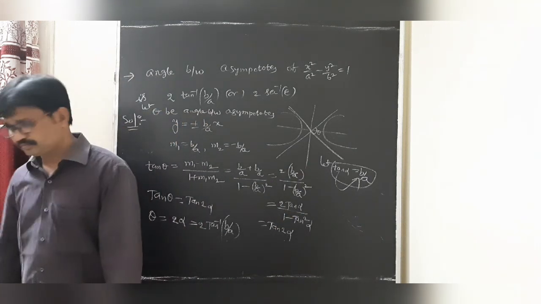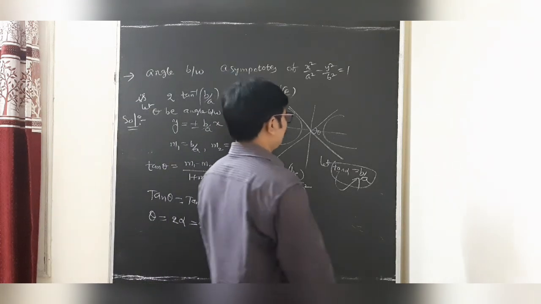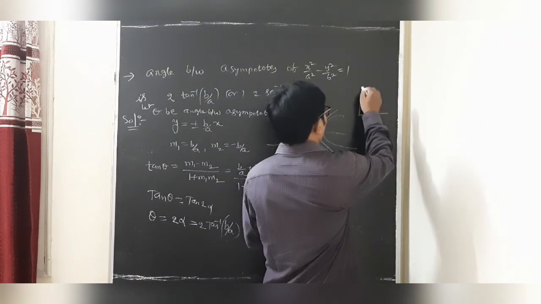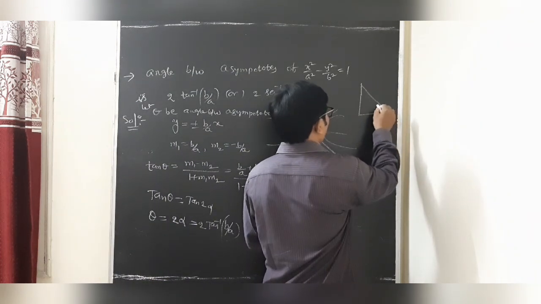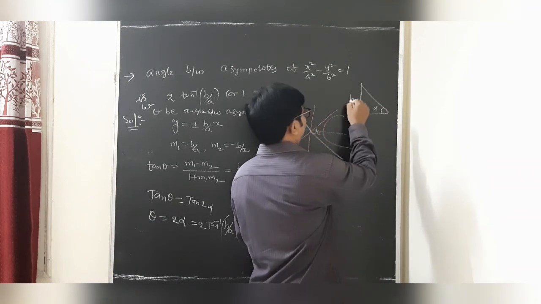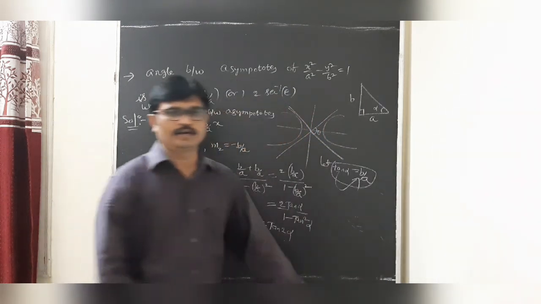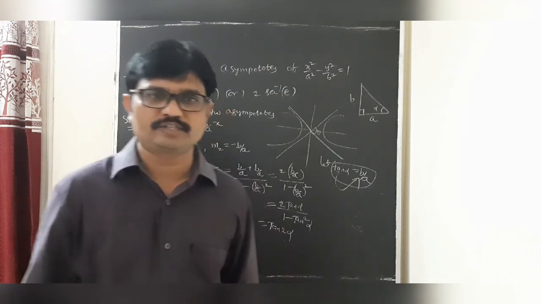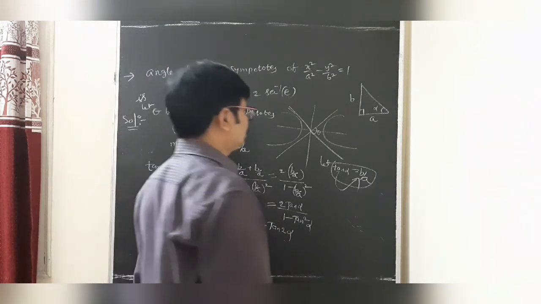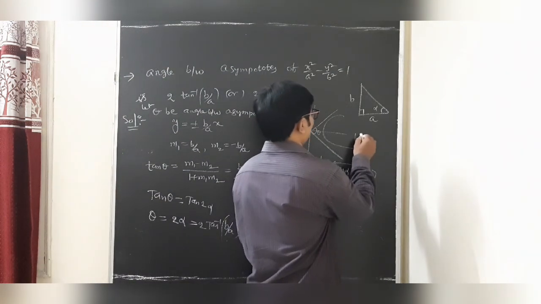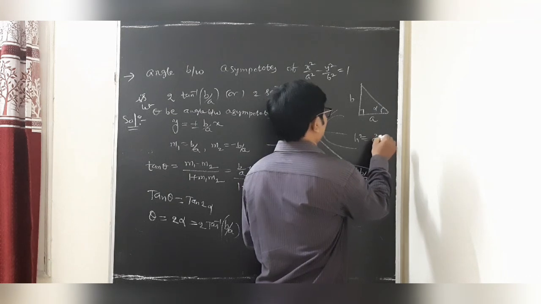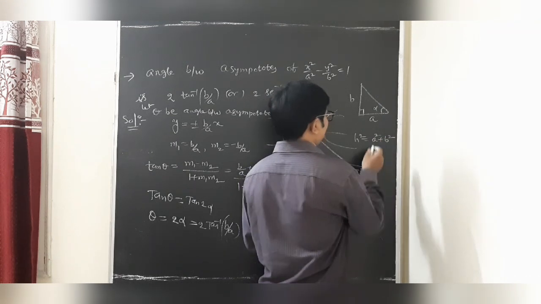Now students, how can we write this? This is alpha, opposite side by adjacent side. We know that hypotenuse square equals side square plus side square. So this is a square plus b square.